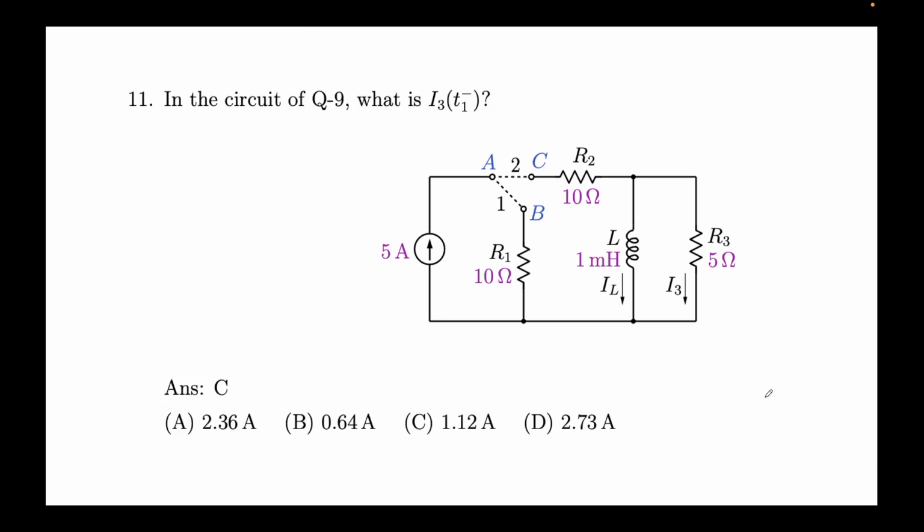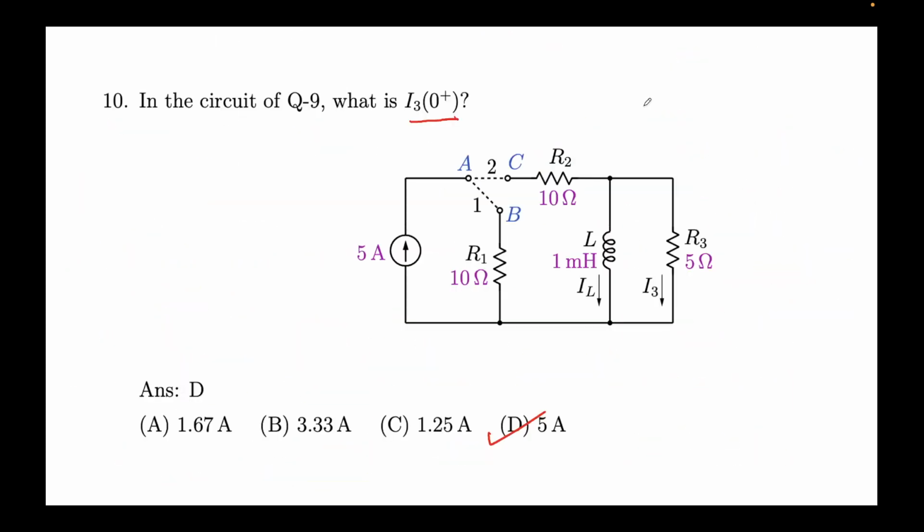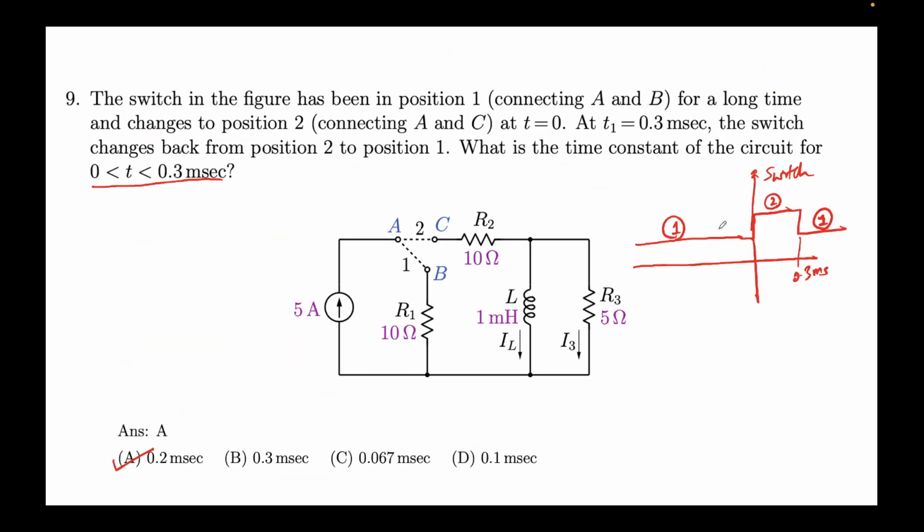Now the next problem asks: what is I3 at T1 minus? What is T1 minus? Remember that this switch was closed. If we go back, yes, T1 is equal to 0.3 milliseconds. This means when the switch goes back to configuration 1, we are required to find the current flowing through this branch, I3, just before that.